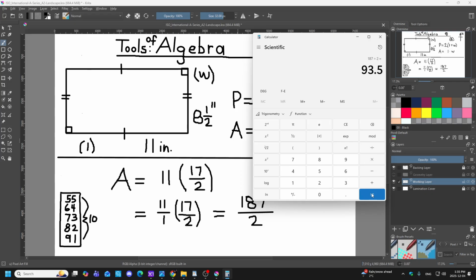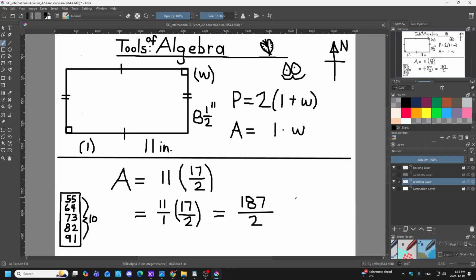We're going to end up with a decimal, so I can easily change that to a fraction. I guess I could turn this to a mixed number at this point. We get 93.5. Was 93 times 2, 186?